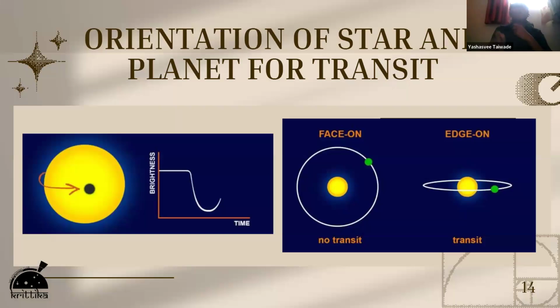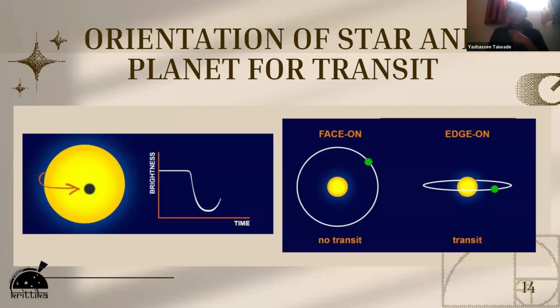Now transits, as you can see over here. Suppose I am an observer, and there is a star in front of me. A planet needs to orbit between us for us to observe a transit.